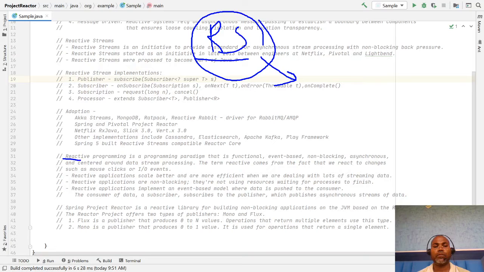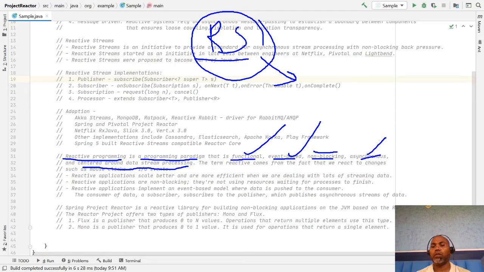Reactive programming is a programming paradigm that is functional, event-based, non-blocking, asynchronous, and centered around data stream processing. It mainly focuses on functional programming concepts with event-based, non-blocking, asynchronous processing, centered around data stream processing.